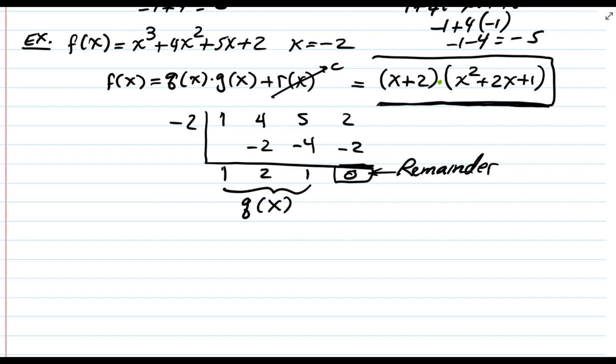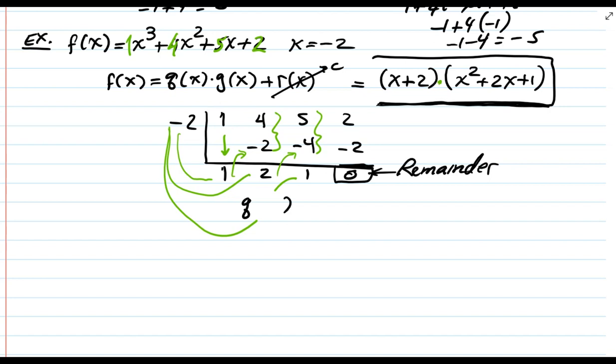Again, the first row is going to be the coefficients that you're seeing here: 1, 4, 5, 2. Okay, and we bring the -2 in here, and the process begins. Bring down the 1, multiply -2 times 1, move it here, add, multiply -2 by 2, move over, add, multiply -2 times 1, move over and add, and that's what you get.